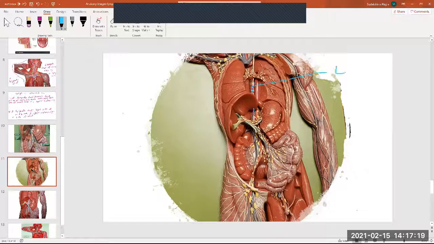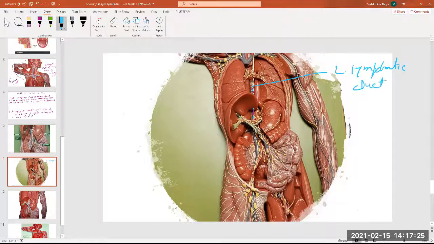Basically, this is left lymphatic duct. You can also call it thoracic duct. So left lymphatic duct starts within the abdominopelvic cavity around the level of the stomach. This is your stomach. Okay.